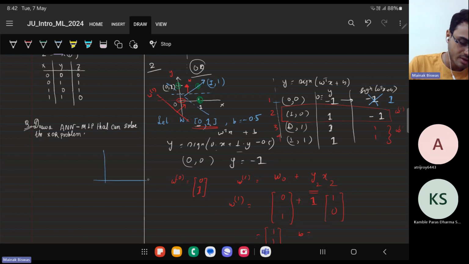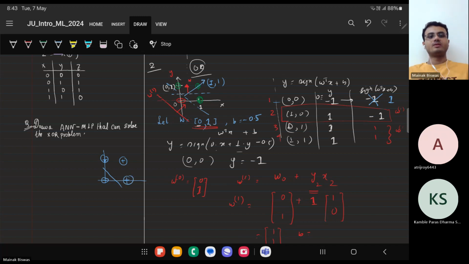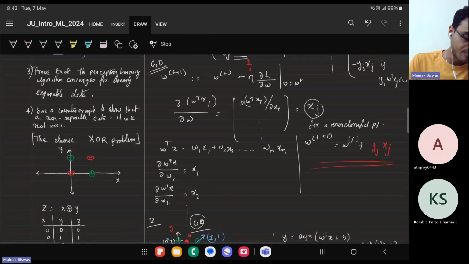Now you see you have this line. Forgive me for my drawing. Negative, positive, positive, positive, right? So this algorithm is always known to converge.